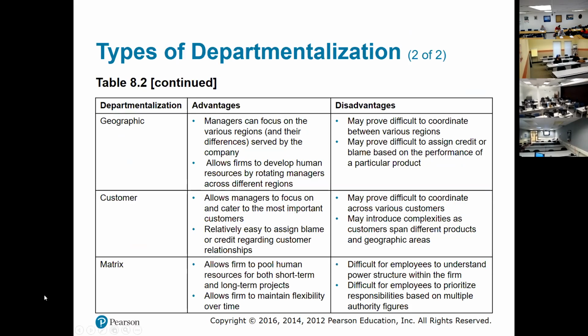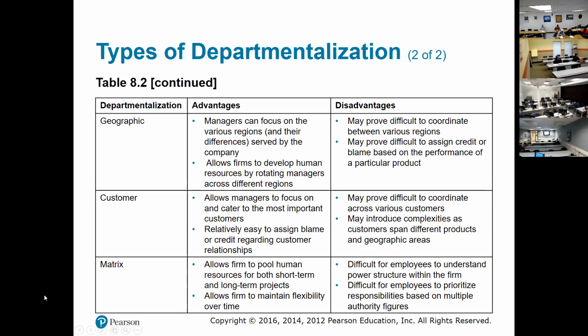You can also divide your departments up by geography. You have a department over the Northwest and another one over the Southeast region and so on. That has some advantages in that sometimes you can rotate your managers among your departments a little easier. You can also departmentalize by customers.